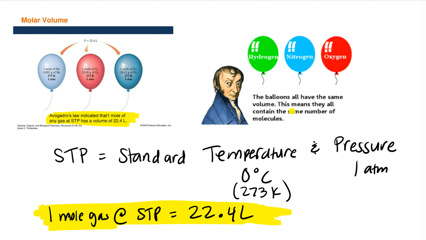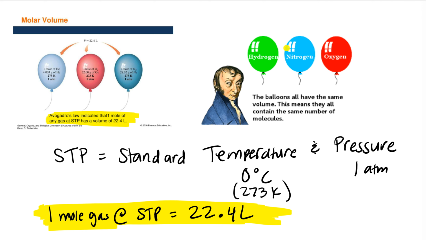This means they all contain the same number of molecules, and that is correct. Assuming these 3 balloons are in the same room, they have the same temperature. So if they have the same volume, they have the same number of molecules because they have the same amount of moles.